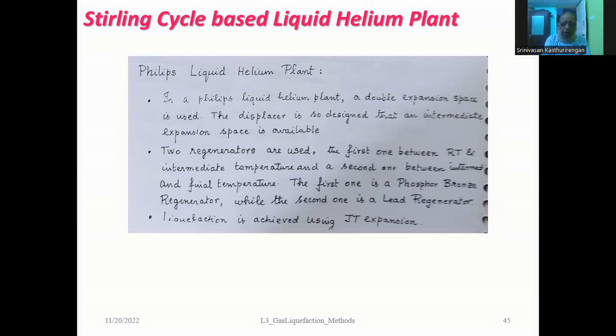Okay, there are two units of expansion engines on this system, and it has a production of about 10 liters per hour. That was the system, but I don't think these plants are being fabricated anymore, because there are better plants available on the market.